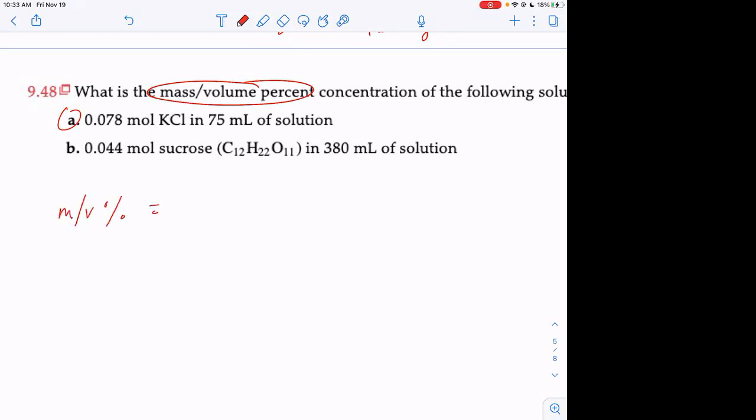Yep. Grams solute. What's our solute here? KCl. So we don't have grams of KCl.